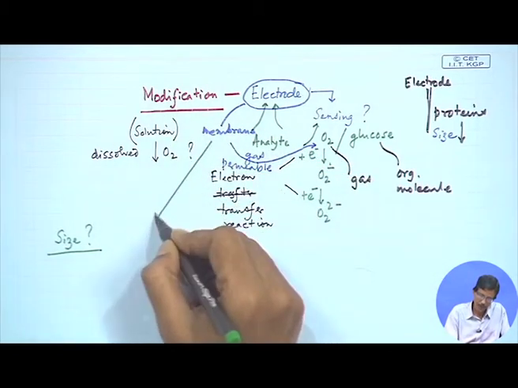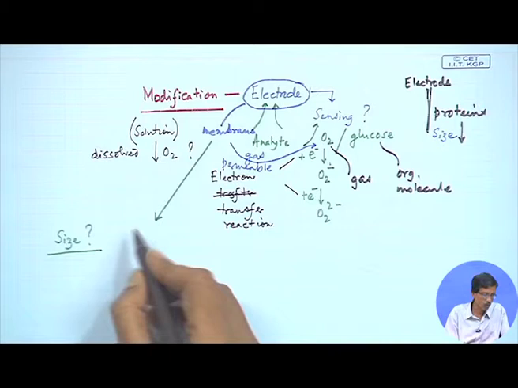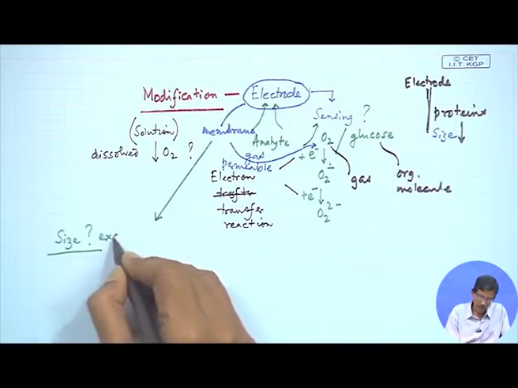So, you bring the membrane, and it is related to size also. So, that is size exclusion.